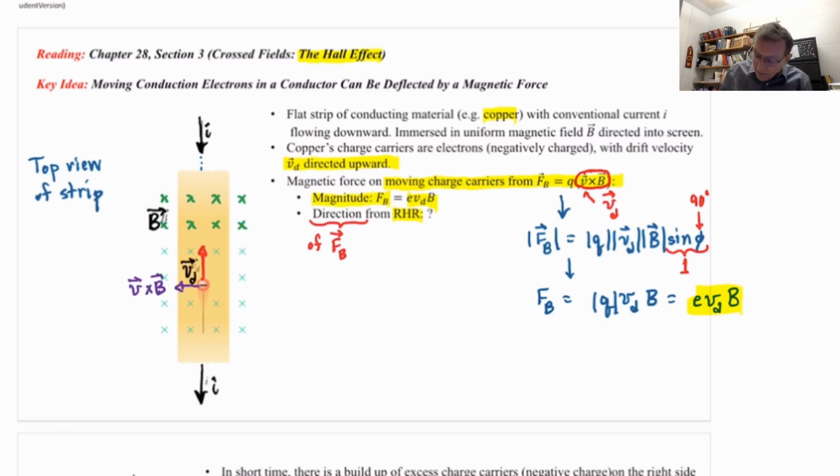But then I have to account for the effect of the Q in the force formula. It's a scalar, but it's a negative scalar for an electron, isn't it? And that means, because of that negative scalar, that the actual magnetic force is opposite to V cross B. So the F magnetic is that way. And what's the net effect of that?